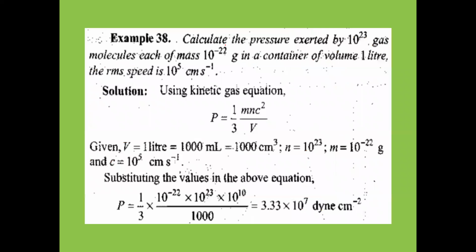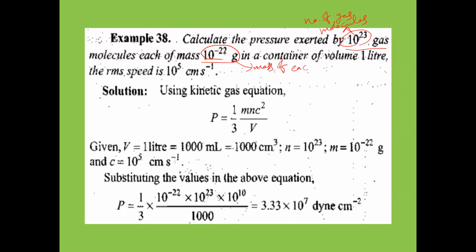Another example problem: calculate the pressure exerted by 10 power 23 gas molecules. So how many gas molecules are mentioned here? 10 power 23 molecules totally, each of mass 10 power minus 22 grams.